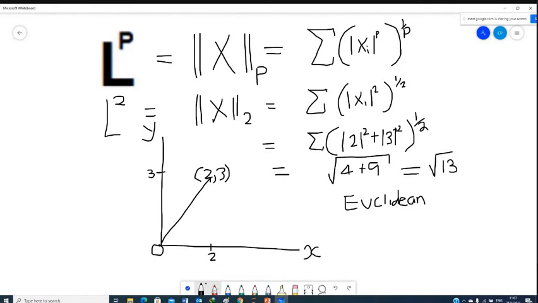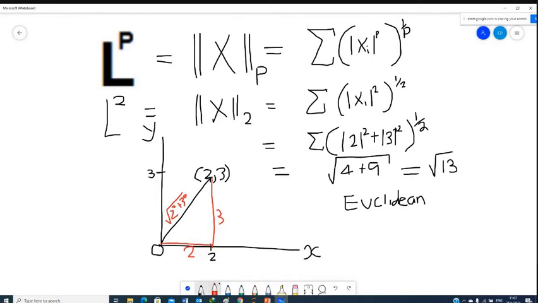So if I draw a straight line up to here, and then another straight line here like this, if this is 2 and this is 3, and this is the square root of 13, or of 2 squared plus 3 squared, this is from high school maths.